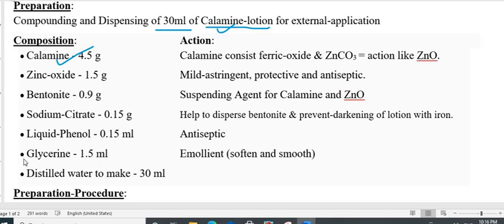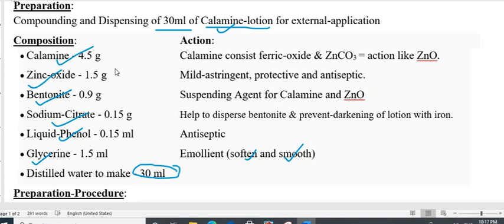Because we are applying over the skin, the skin should be soft and smooth, so for that we are going to put glycerin. We are going to put zinc oxide, bentonite, sodium citrate, liquid phenol, and finally by adding distilled water, we make the final volume of 30 ml.